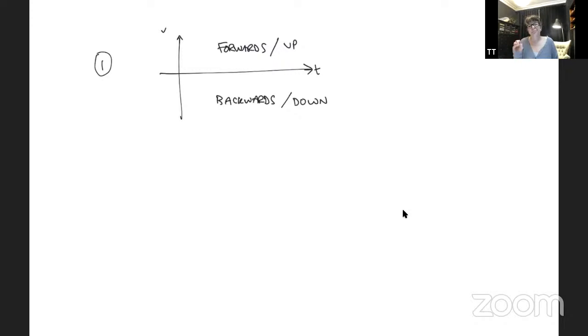Now a tiny proviso is that, hopefully from doing your SUVAT work, when you have a ball that's thrown up in the air and it goes up and then it goes down like this, it is actually up to you which way is positive. You can have up is positive or you can have down is positive. It's totally up to you so long as you're consistent.